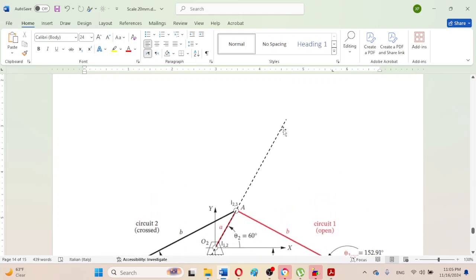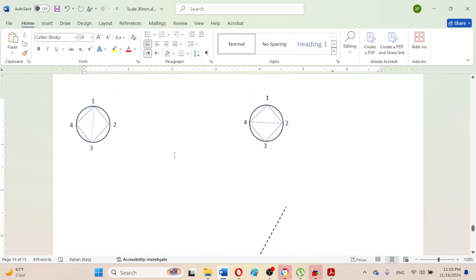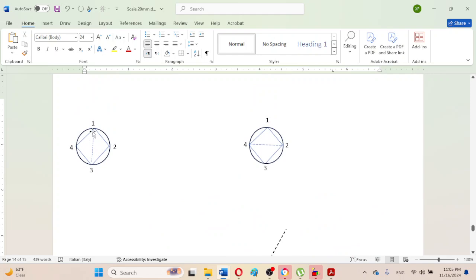In order to determine the exact location, we will use the other triangle, this left triangle of this linkage graph.